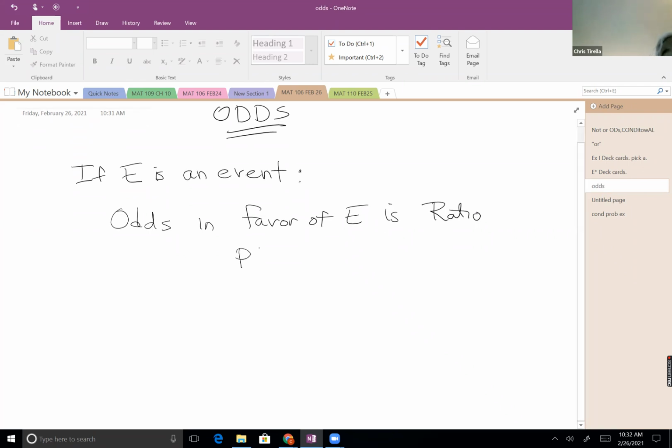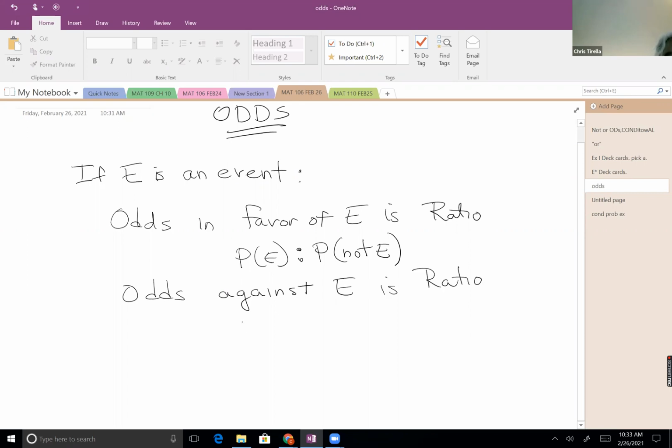It's the ratio of the probability of E to the probability of not E. And the odds against the event E is the ratio. We're going to reverse it. The probability of not E to the probability of E.